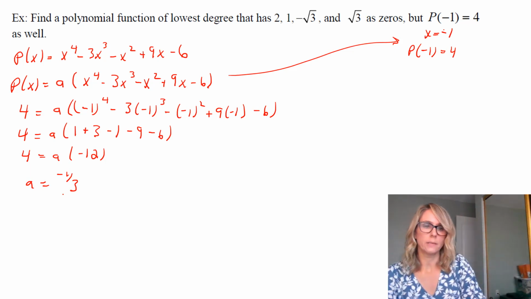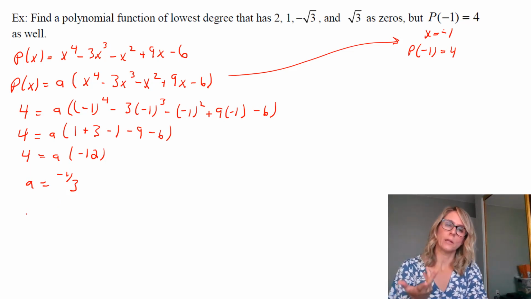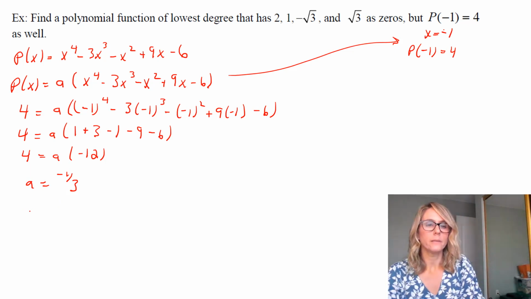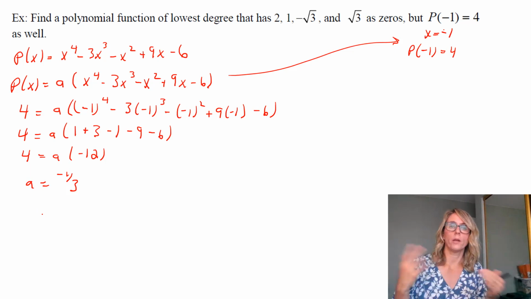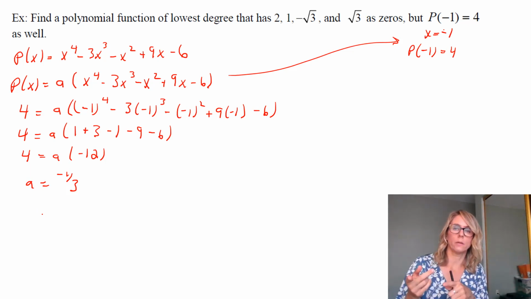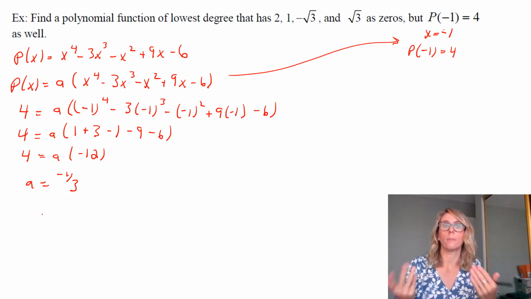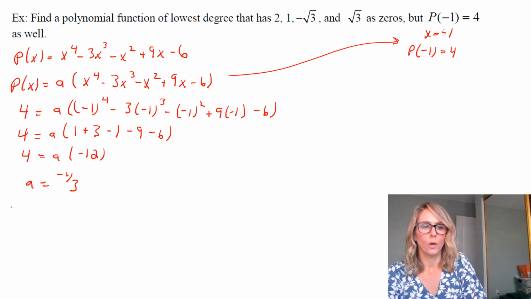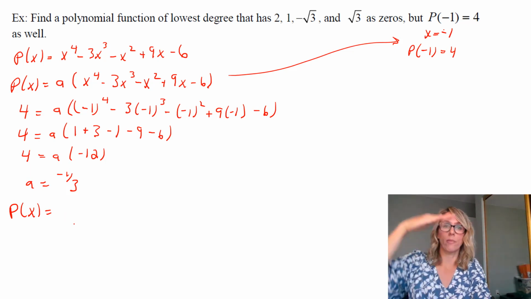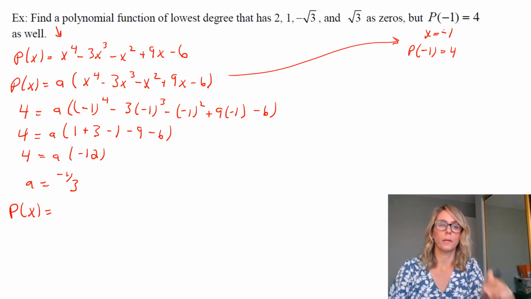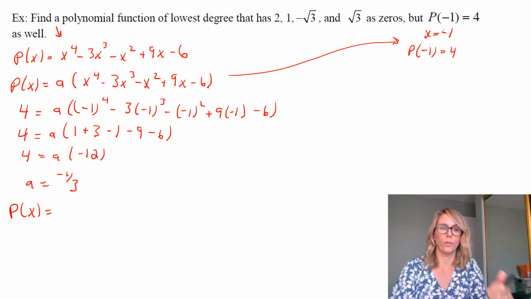So what it means is that a, the constant in the front of this polynomial, is -1/3. And for that new polynomial, it's going to give us the point (-1, 4). I don't mean special, I just mean that that point is on this polynomial. So our polynomial becomes, now I'm going to multiply each term in that top one by that -1/3.